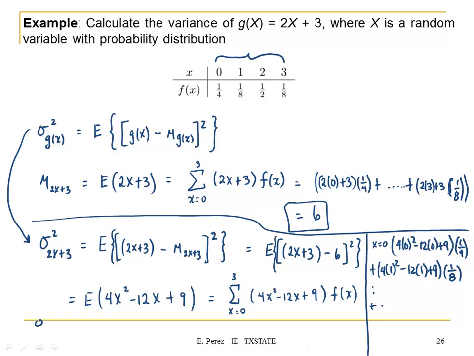You have 4 times 3 squared minus 12 times 3 plus 9, and 1 over 8. And all this will be equal to 4.